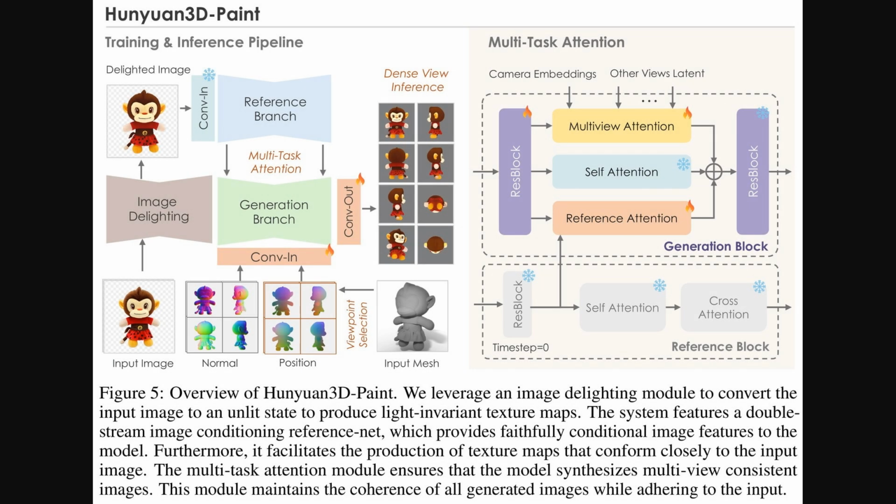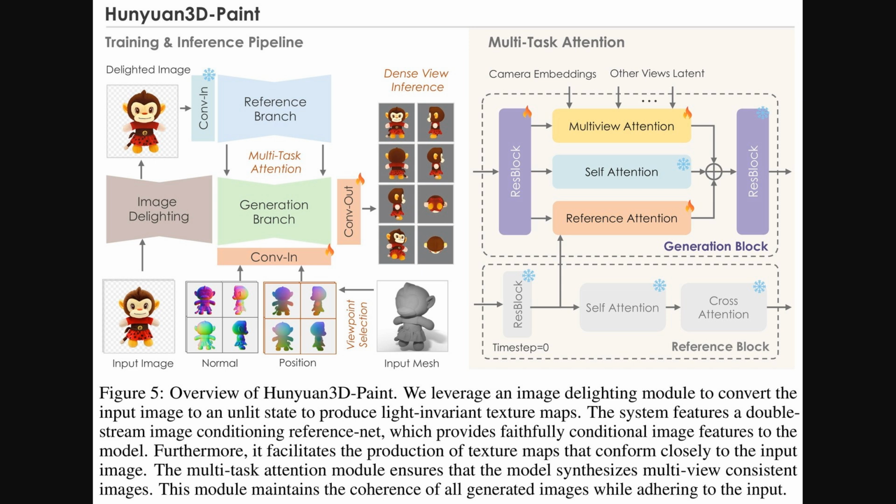Alright, so after Hunyuan3D generates the shape, figure 5 here zooms in on the Hunyuan3D Paint pipeline. This is all about creating that detailed texture. We see the input image first goes through image delighting, which, as we mentioned, removes shadows and lighting for a clean base. Then it uses a reference branch to closely follow this input image, and a generation branch working with geometric inputs.